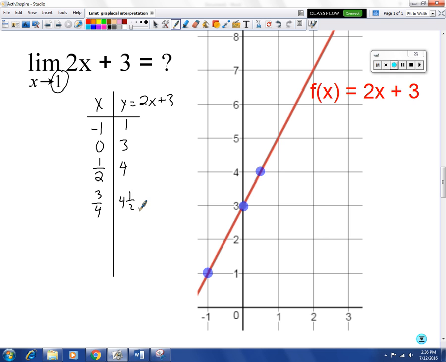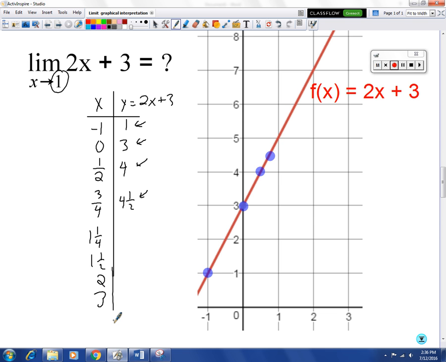So, the closer I get to 1, the closer I get to the actual limit. Okay, and you can probably see the trend. We have a trend of getting to 1, then we have a 3, then a 4, then a 4 and a half. Okay, so let's go above 1. Okay, let's say 1 and 1/4. Let's do 1 and 1/2. Let's do 2, and let's do 3.